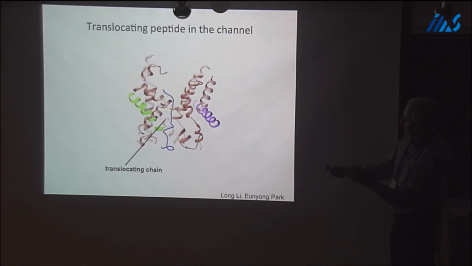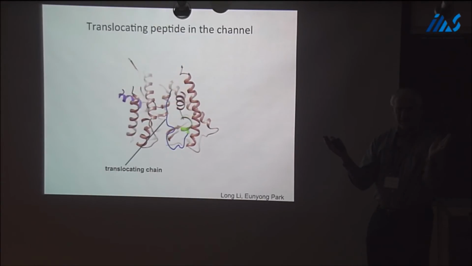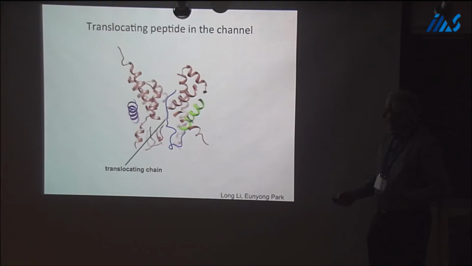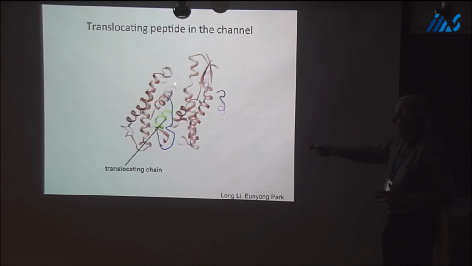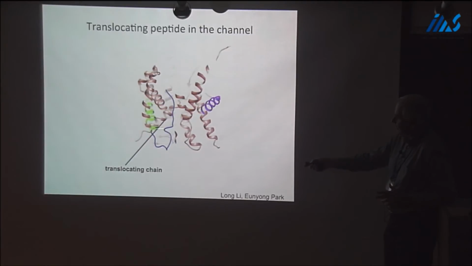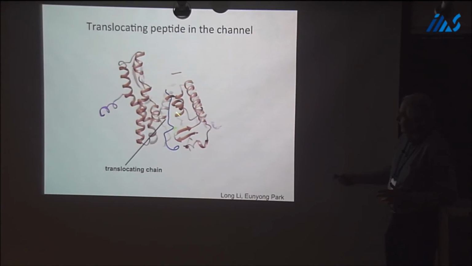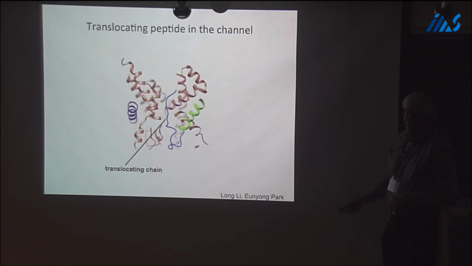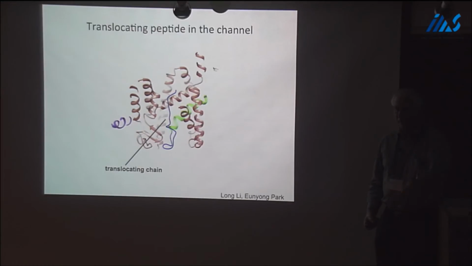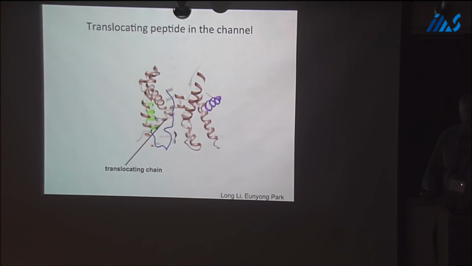Now you see that there's an angle of about 45 degrees between the signal sequence and the mature region. And this guarantees that there's no interference of the signal sequence with this mature region of the polypeptide chain. So there's no interaction between the two parts of the hairpin. And you can also see that the polypeptide chain is in an extended conformation when it is moving through the channel, so no secondary structure here.